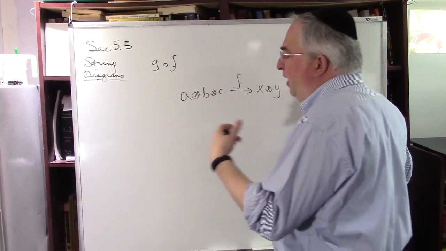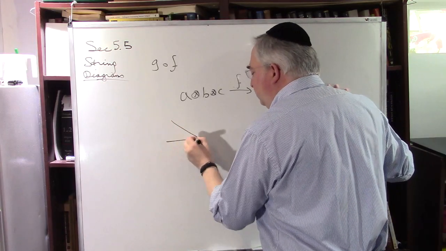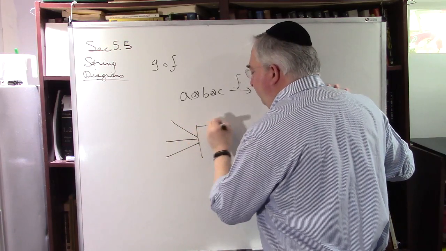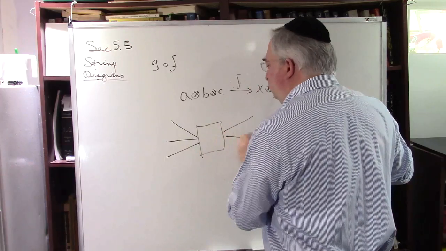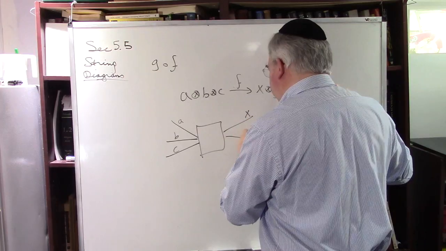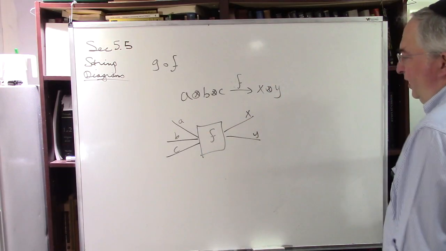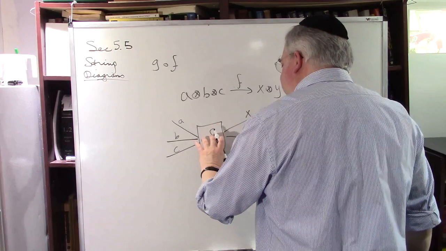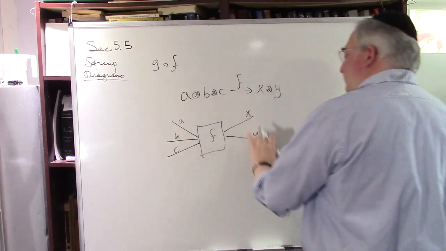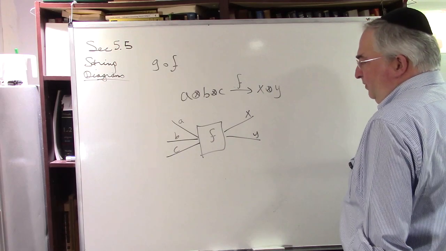But how would we write it in terms of string diagrams? The way we would do it is as follows. A, B, C, X, Y, F. So again, F is a process that takes A, B, C's to X and Y's. Okay, so this is a nice way of describing it.